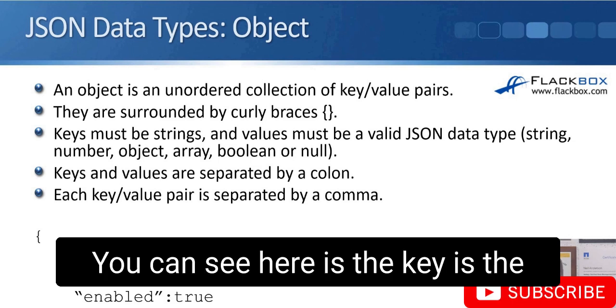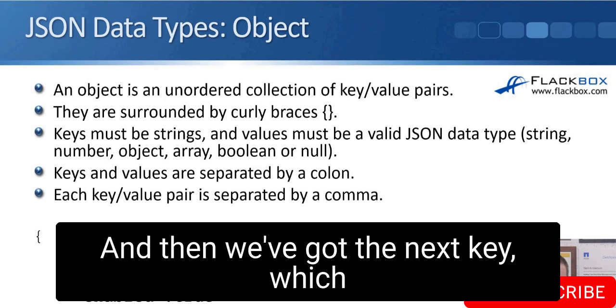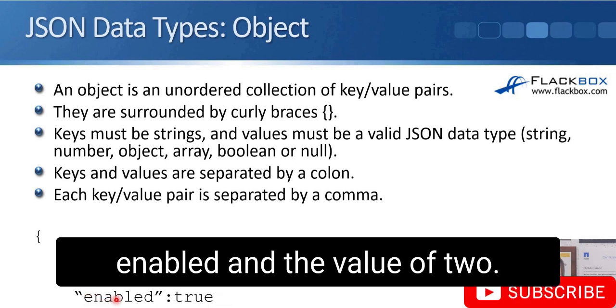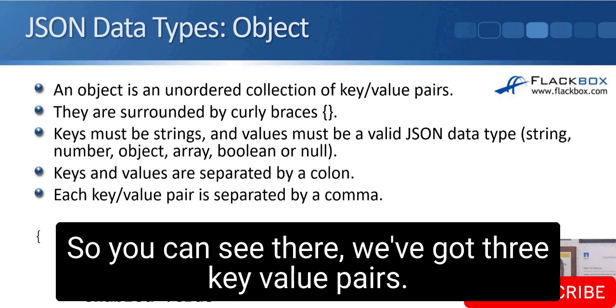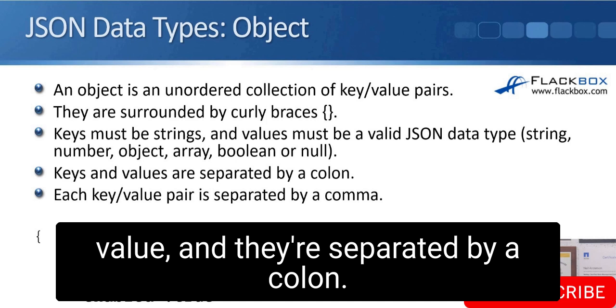You can see here is the key, is the name, and then the value is gigabit Ethernet 1. And then we've got the next key, which is description, and the value internet link. And then we've got the key enabled and the value of true. So you can see there we've got 3 key value pairs. We've got the key first, then the value, and they're separated by a colon.